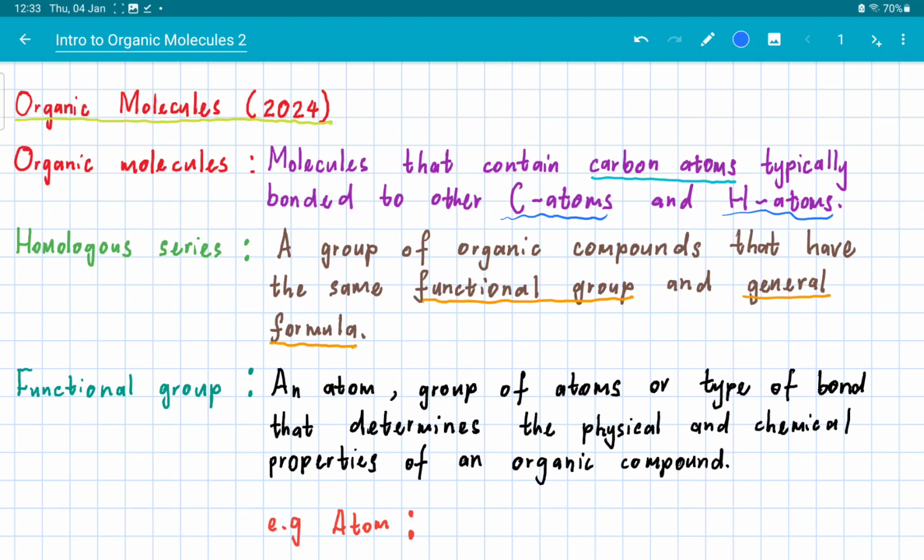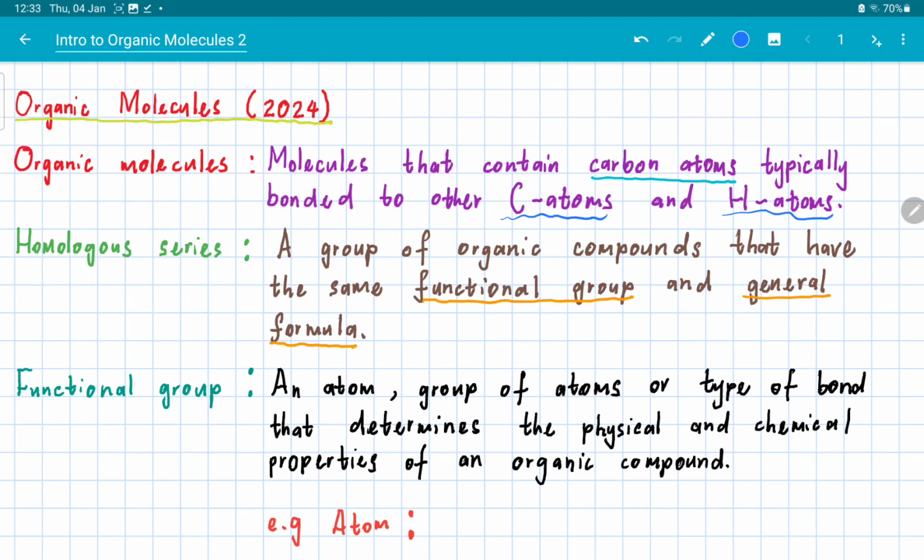In order for us to define or name them, we have to know the categories. The categories for organic molecules we call homologous series. For example, we have alkanes, alkenes, alkynes, haloalkanes, the ones we were covering yesterday, which are called homologous series.